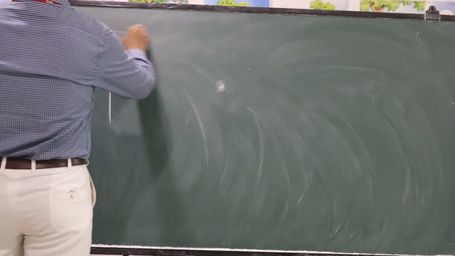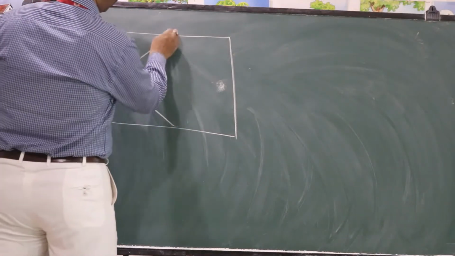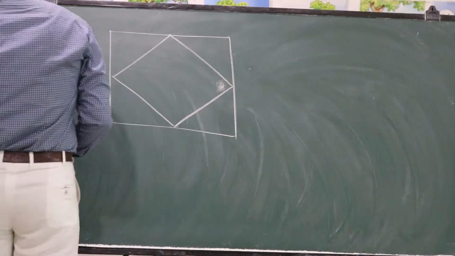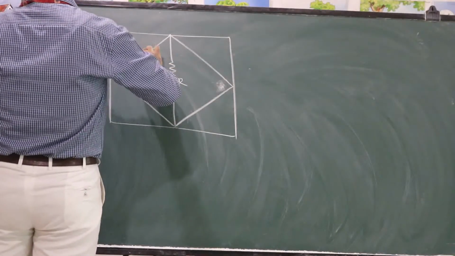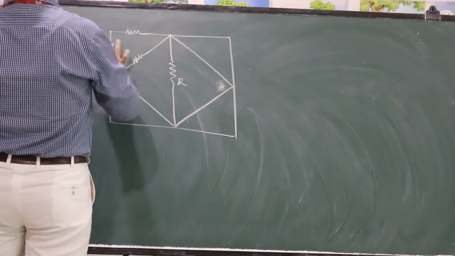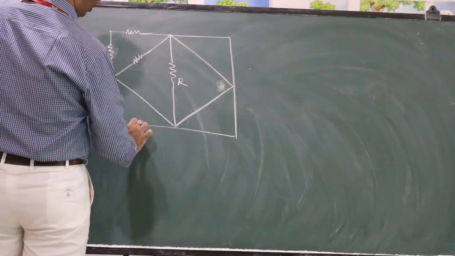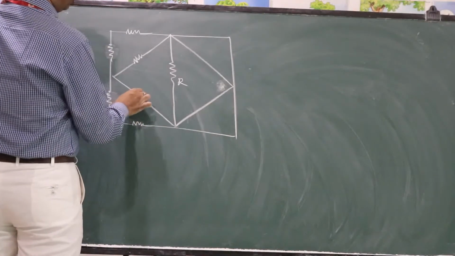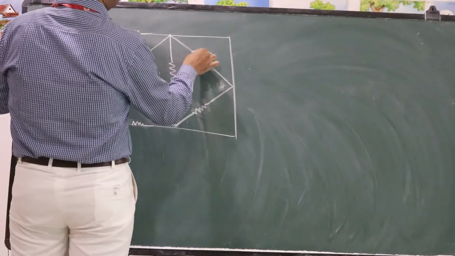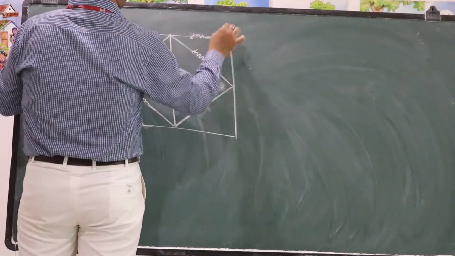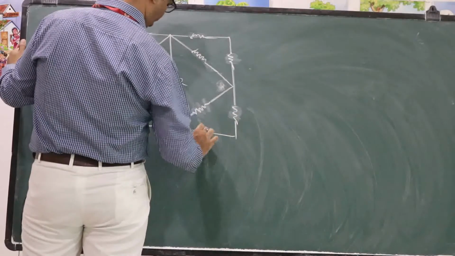There is a complex circuit. Here is a resistance R. Here is one resistance, here is one resistance, here also one resistance is there, and so on at every branch.